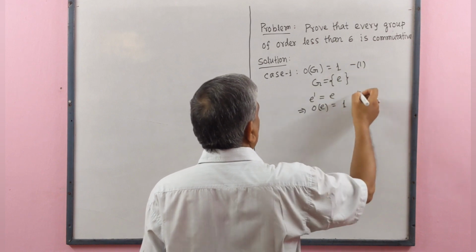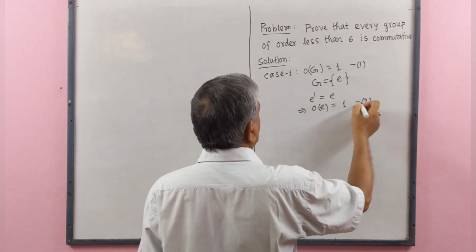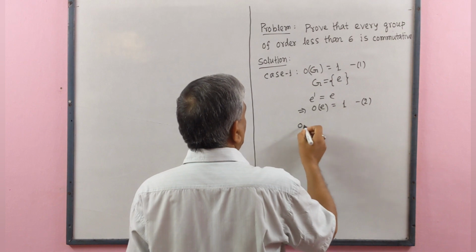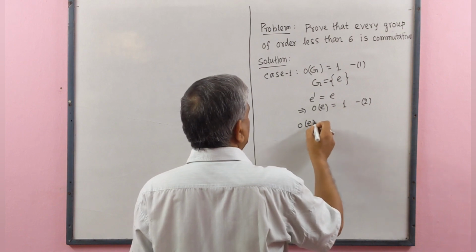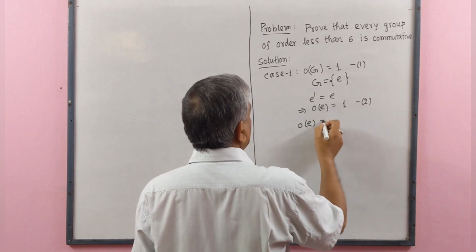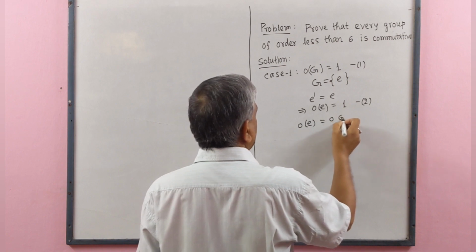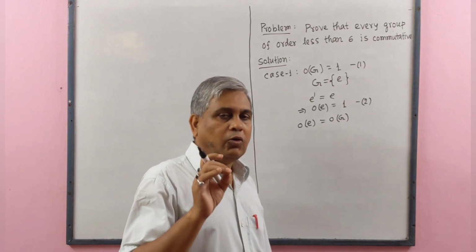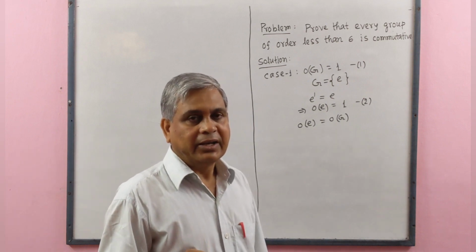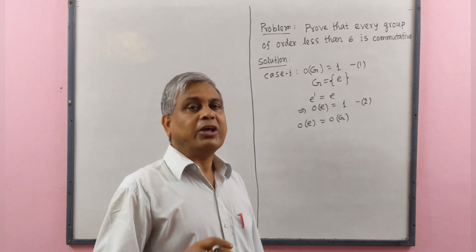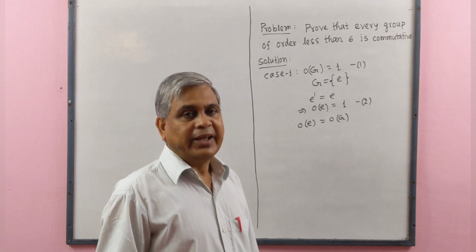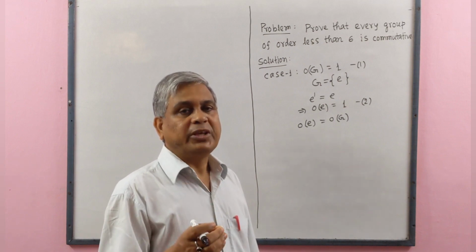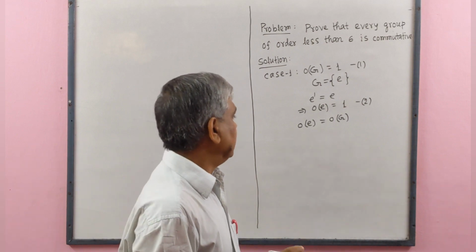Therefore, from 1 and 2 we get that order of element e equal to order of G. When order of an element is equal to order of the group, then group is said to be cyclic group.